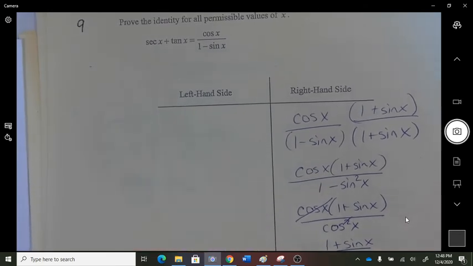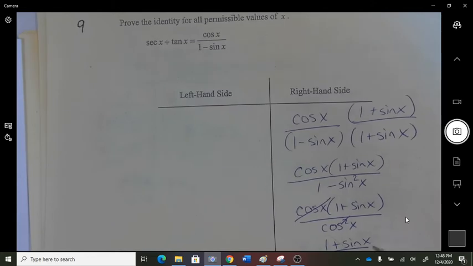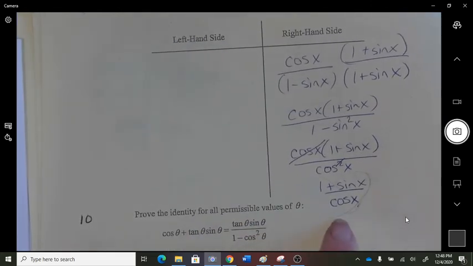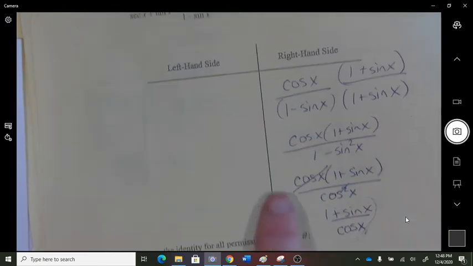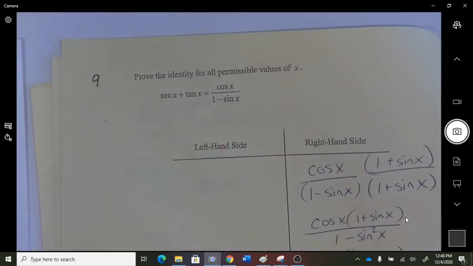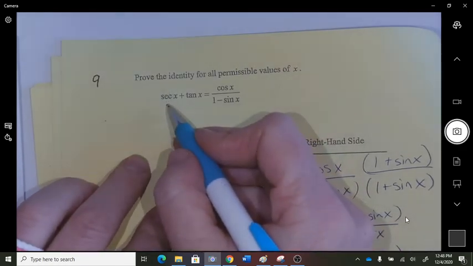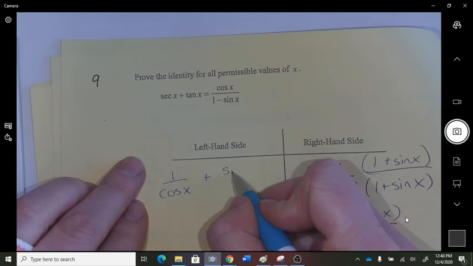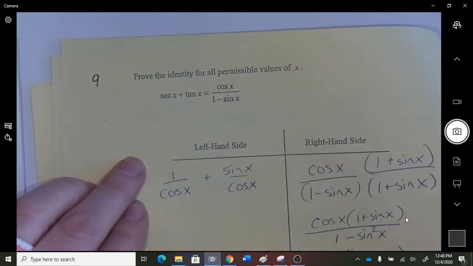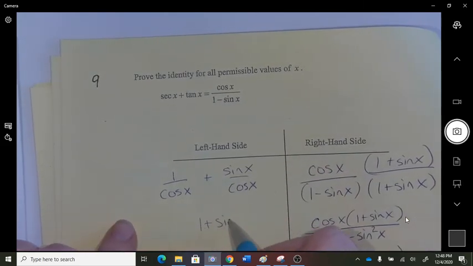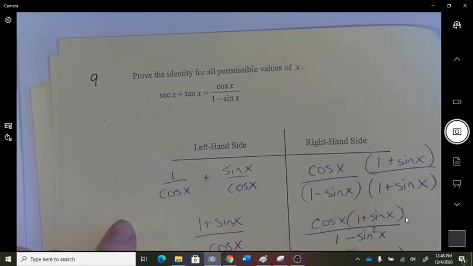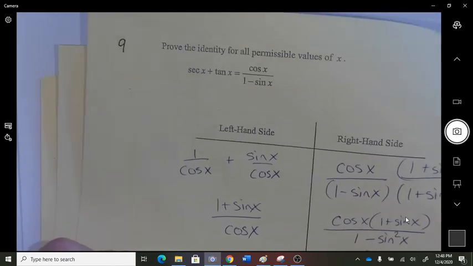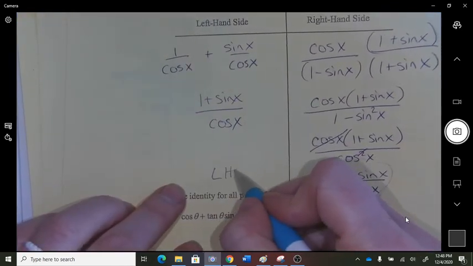Here I could go with splitting the fractions, so 1 over cos plus sine over cos. Or I can also remember that I can work from the left-hand side. Secant can be replaced with 1 over cos x, and tan with sine x over cos x. So that makes 1 plus sine x all over a common denominator of cos x. Now they're equal. Left-hand side equals right-hand side.